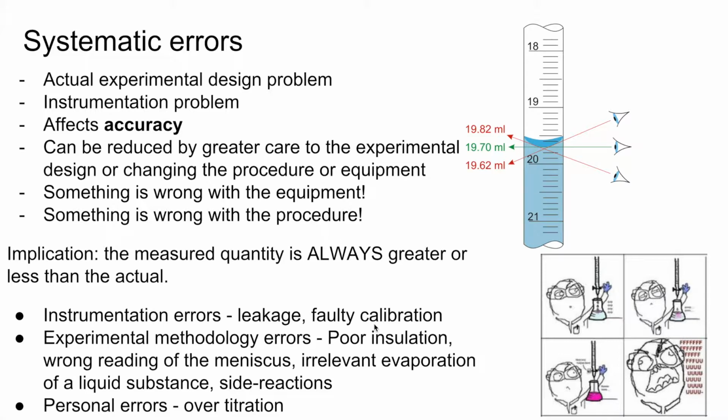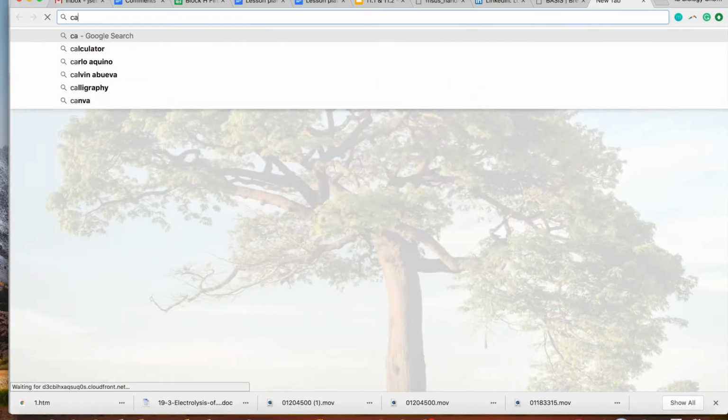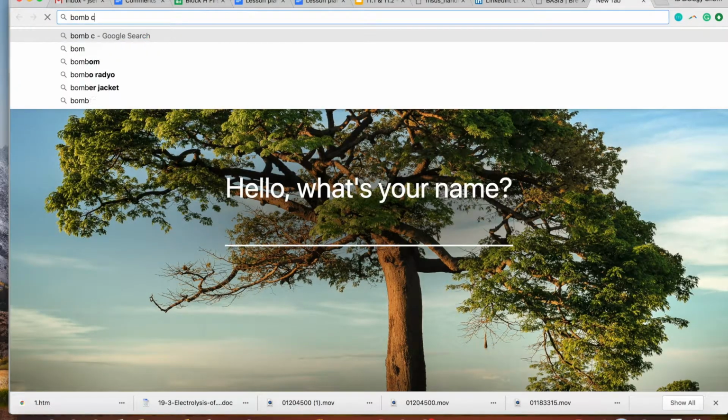You have to calibrate it first. Calibrate sets the standard at 0. So if you don't calibrate it, or if you don't zero it, then you're always going to have something really high or really low. Another example is poor insulation. This is where we learn calorimetry. Maybe I can search bomb calorimeter.